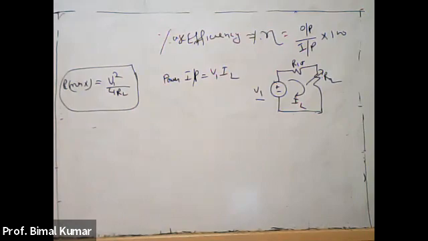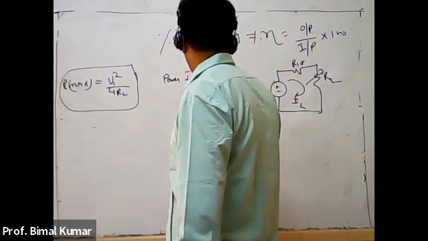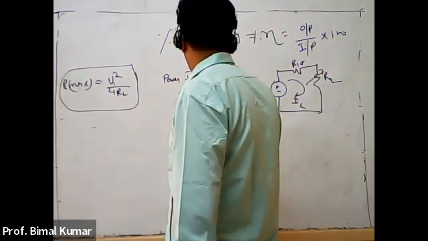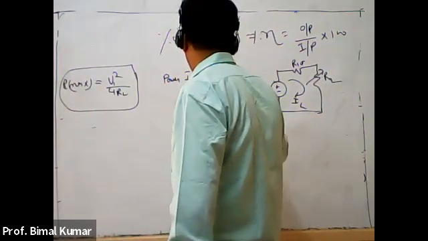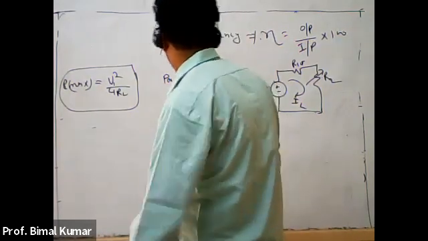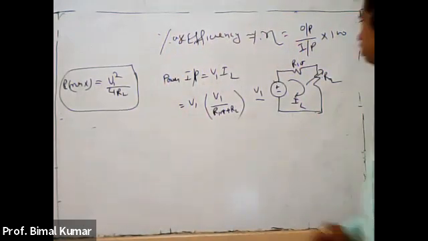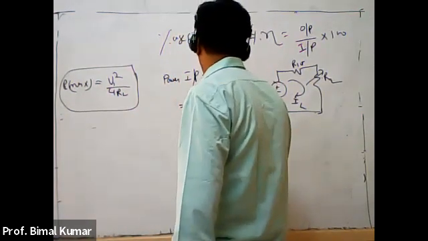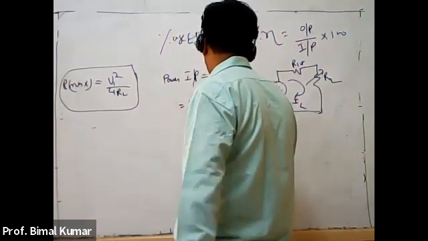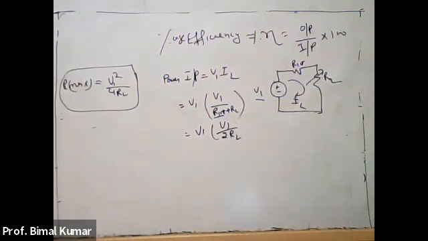IL, we already calculated its value, is V1 divided by R internal plus RL, right? As per the maximum power transfer theorem, R internal is equal to RL. So this will be V1 into V1 divided by 2RL. I am just substituting R internal equal to RL.